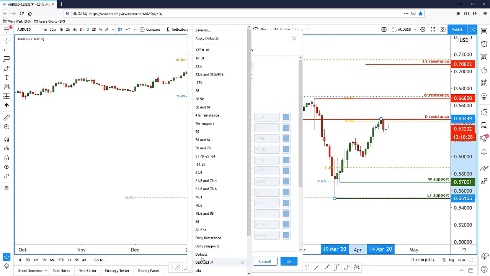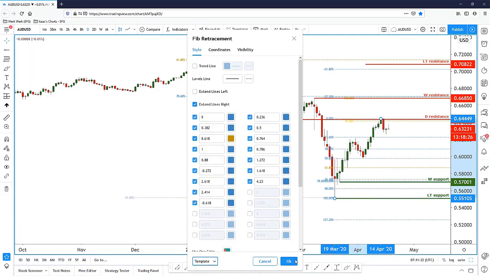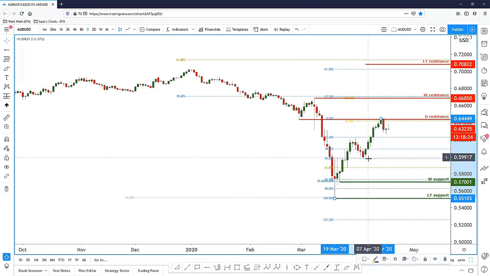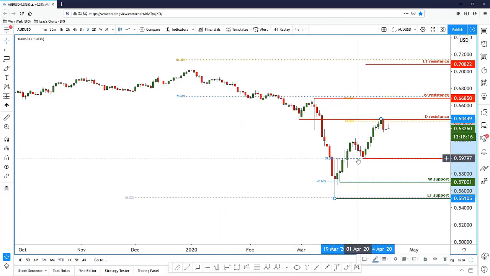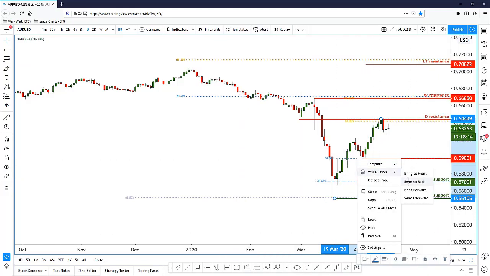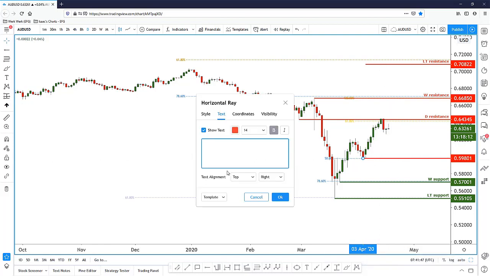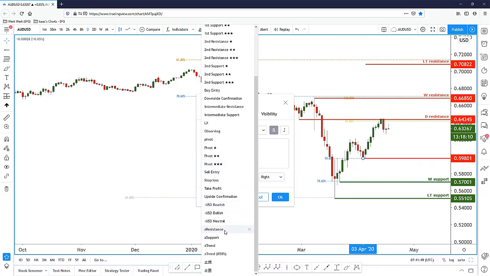So to open all Fibonacci ratios, there's this 50% graphical level here, which falls in line with the recent swing low. So let's just highlight that 50%. And let's call this our daily support.